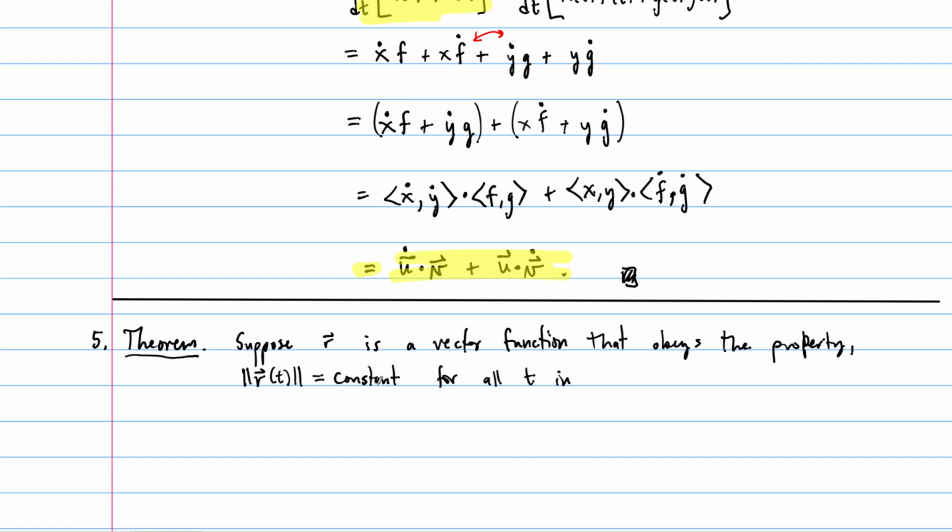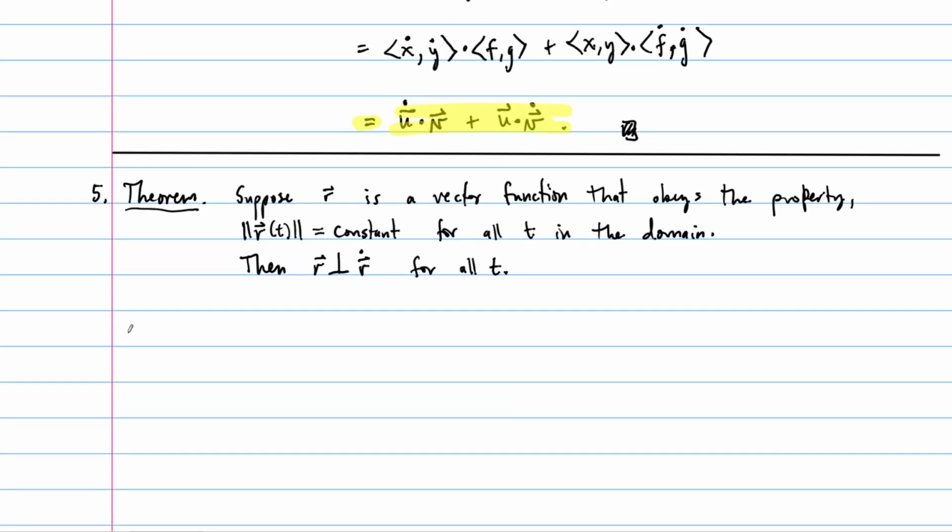So in other words, for this particle, the length of the position function is constant. Then the conclusion is that r is orthogonal to r dot, to its velocity vector, for all t.